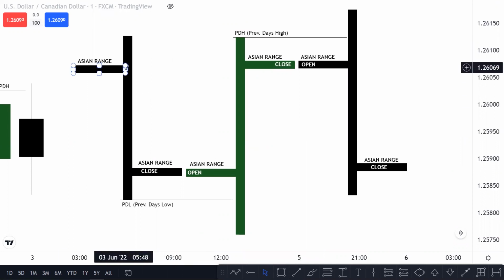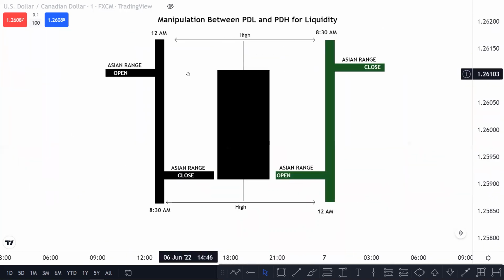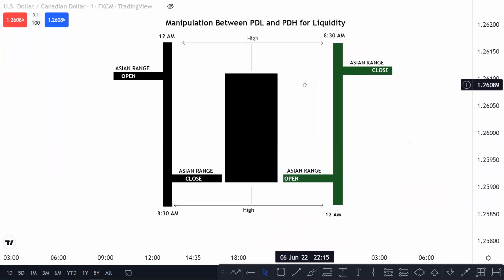When price opens here, it rallies and makes a wick, drops and makes another wick or the low, then it closes. So these are the candles I look for before trading, before placing an order, before doing anything. These are the candles I look for. So this is what happens.